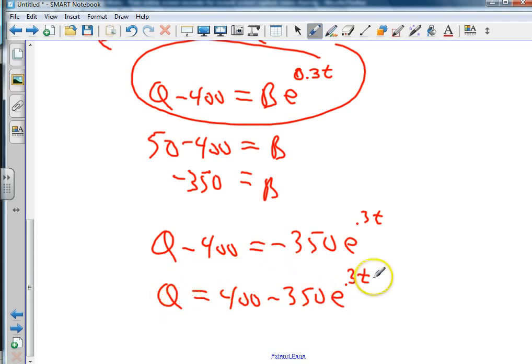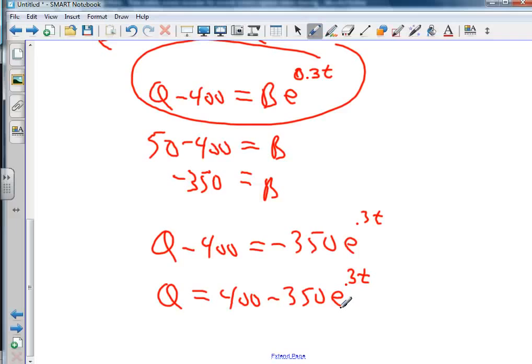If you plug in numbers bigger than 0, t gets bigger and bigger, this exponent gets big, e to the 0.3 t gets bigger. You're subtracting 350 times something big, which gets more and more negative. So that's an unstable exponential approach that's decreasing. Good? Questions? Okay, that's about as crazy as this gets.